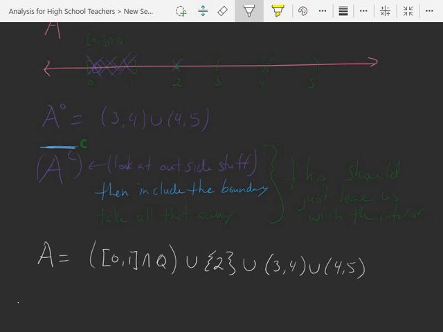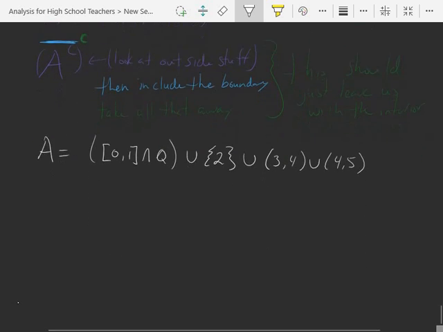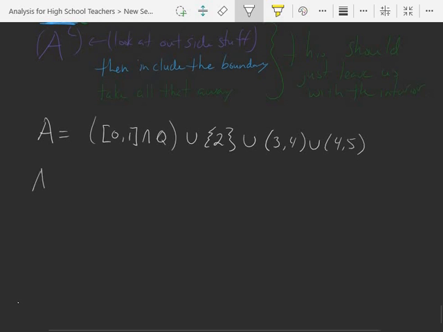Okay, so I've got a bunch of unions, and I want to take the complement of that. So we can use De Morgan's laws. Okay, so I should take the intersection of the complements of the pieces. Well, that's sort of hard to do, so we'll just go by the number line.